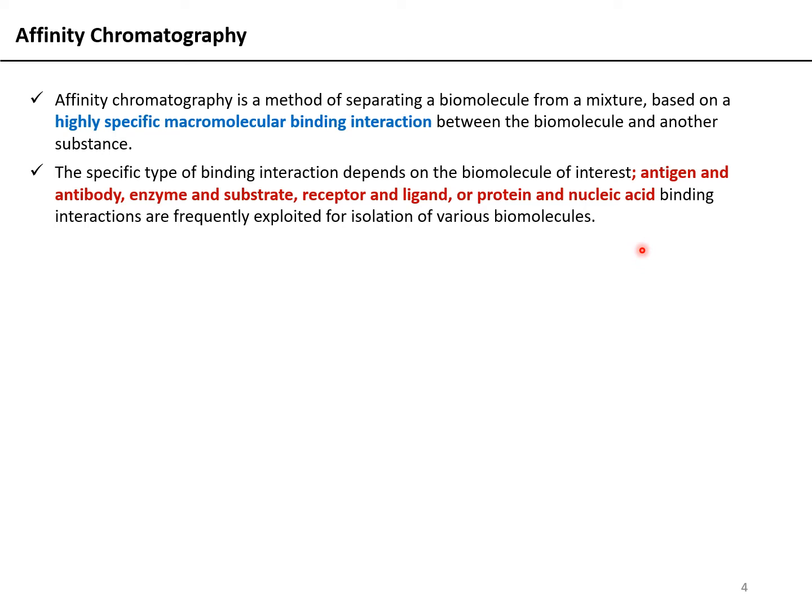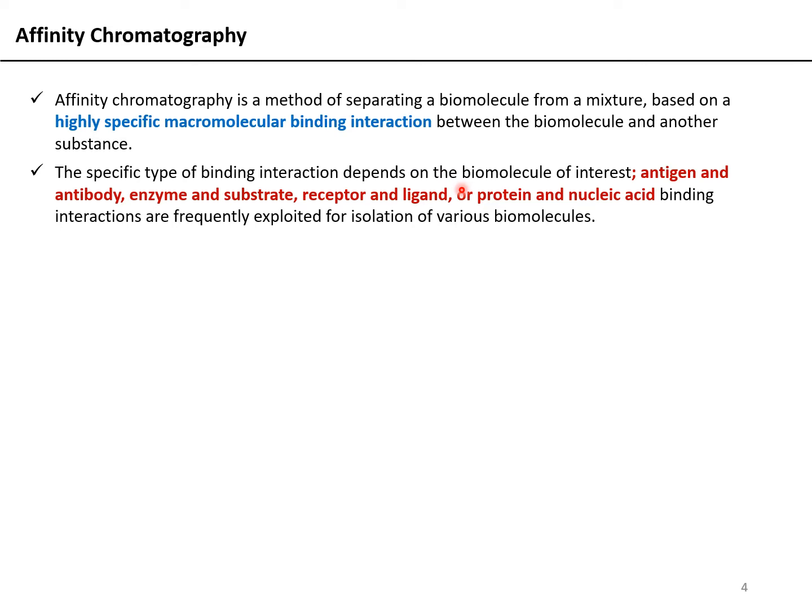So essentially, your stationary phase will comprise certain inert beads, say for example agarose beads, to which you have either the antibody or the substrate or the ligand covalently conjugated, so that when you load your mobile phase onto it, the specific antigen against the antibody, or the enzyme for the substrate, or the other way around, the receptor for the ligand, and so on, will separate out. How?